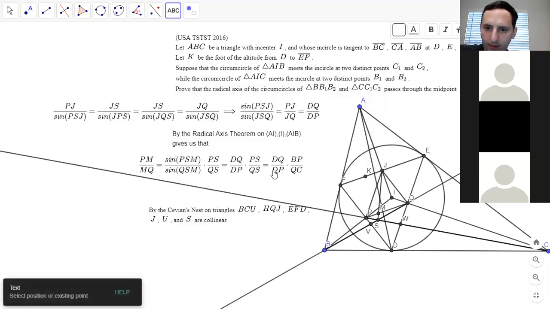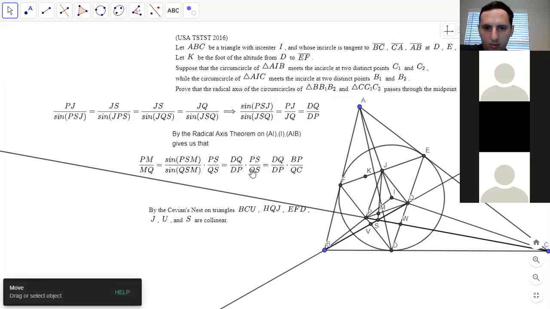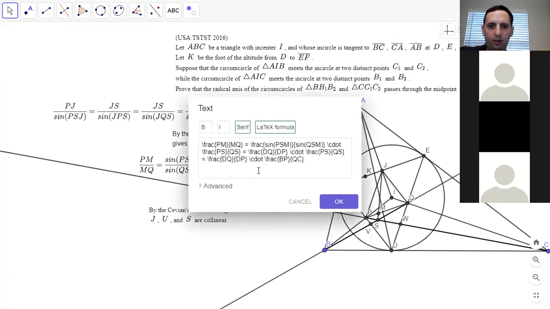BP over DP is equal to DK over KE, times DQ over QC.